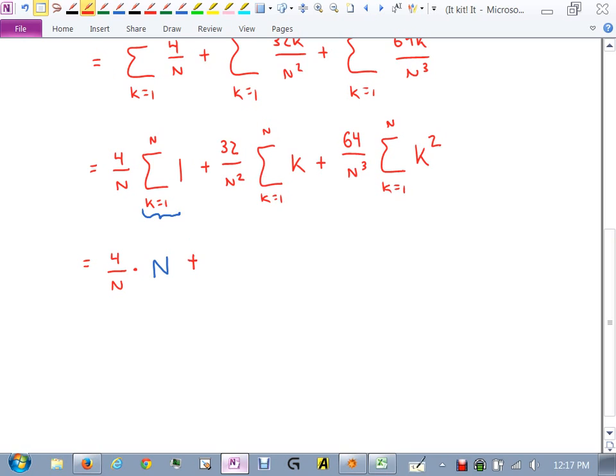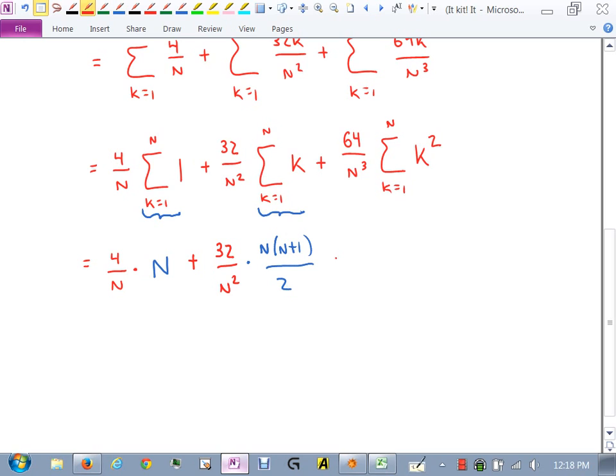Then I have plus 32 over n squared. Now tell me about this sum. That's Gauss's sum, right? That's 1 plus 2 plus 3 plus 4 plus 5. And Gauss said that that turns into n times n plus 1 over 2.